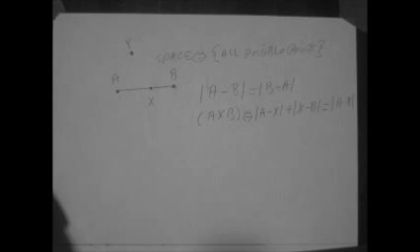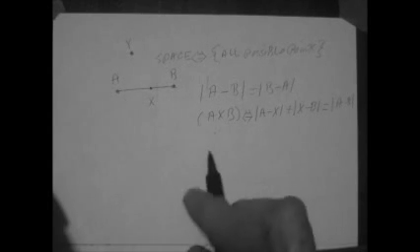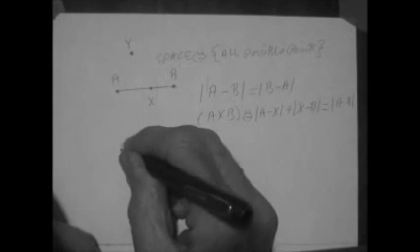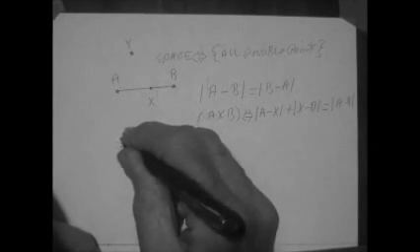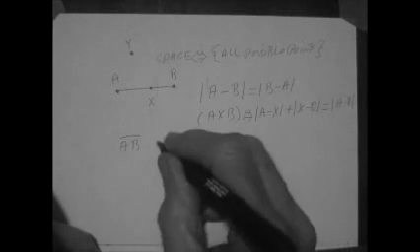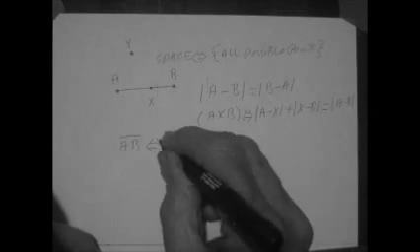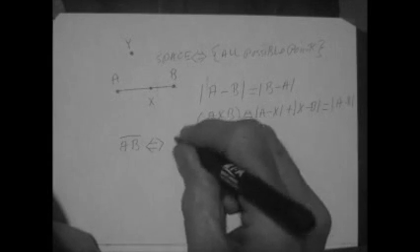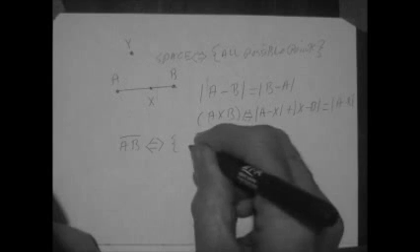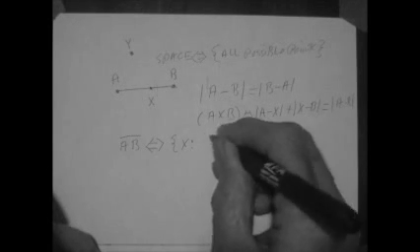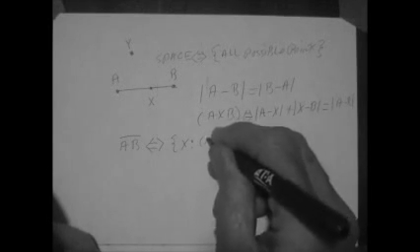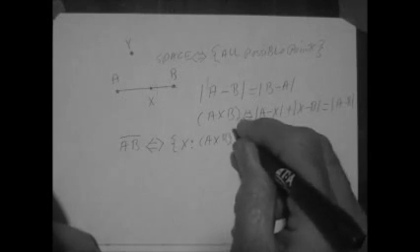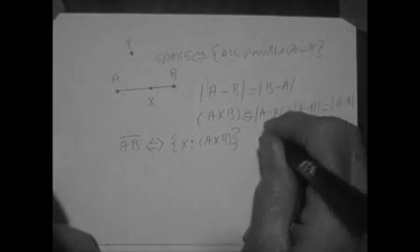Well, what we have here is a line segment AB, so we might as well talk about the symbol for line segment AB, and here it is. This means line segment AB. Line segment AB is all of the points that are in between A and B. So it would be the set of points X such that X is in between A and B. And I think I've forgotten something.